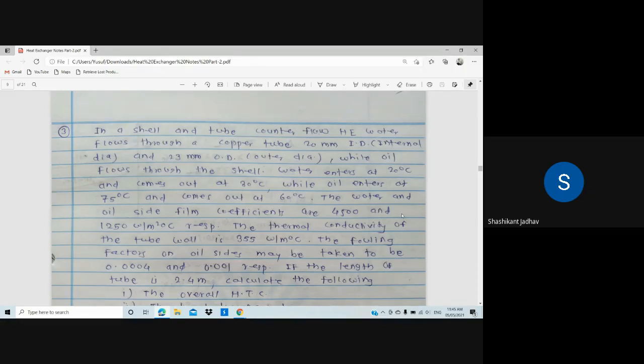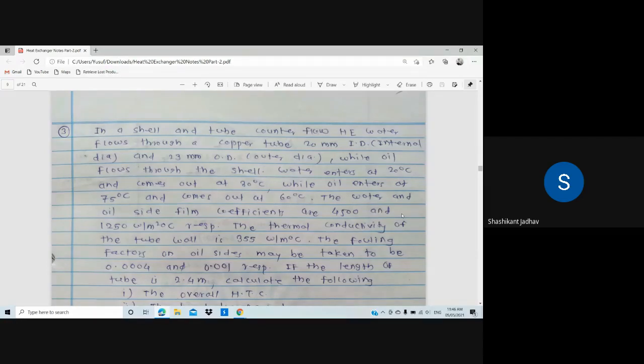The thermal conductivity of the tube wall is 355 watt per meter degree Celsius.